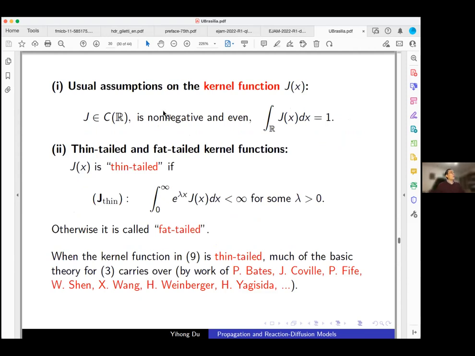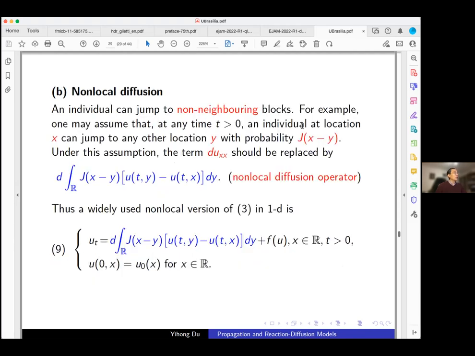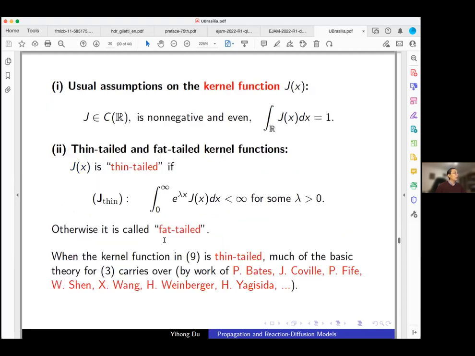Now, what kind of probability function do we use? Very often people assume it's a continuous, non-negative, even function, and normalized. And then what's the difference when you change the local diffusion to non-local diffusion? Well, it depends on what kind of kernel you choose. It turns out that this thin-tailed kernel notion is very important. If for some positive lambda this integral is finite, then we call J thin-tailed.